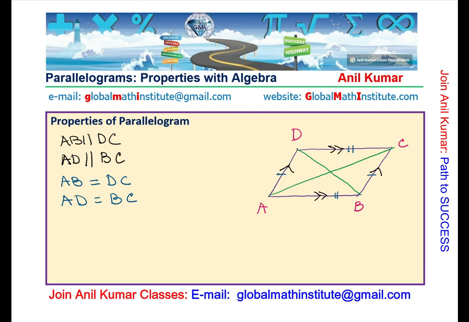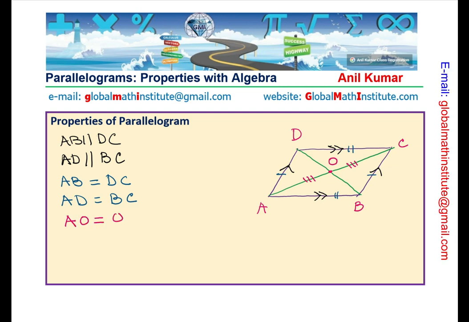One interesting thing is that the diagonals bisect. That means this point here is a kind of a center point, right? So if I say O is the point of intersection between the two diagonals, then AO is equal to OC and BO is equal to OD.